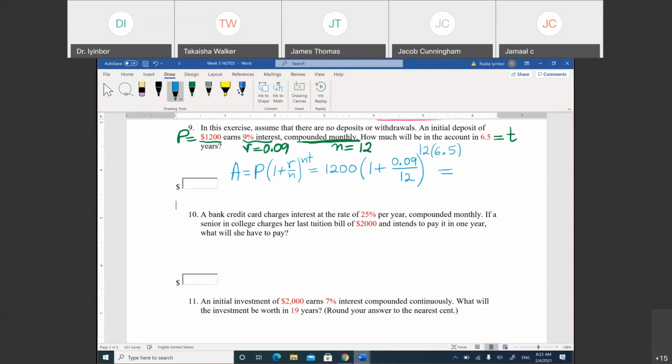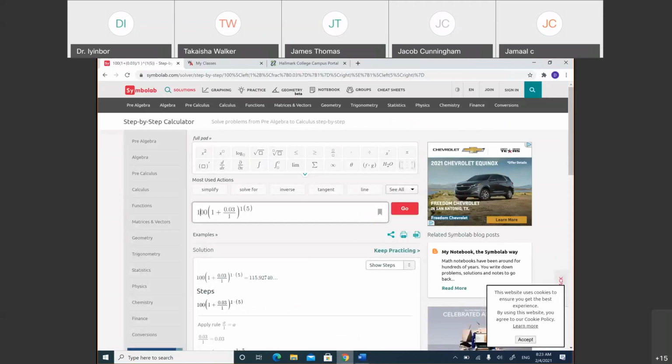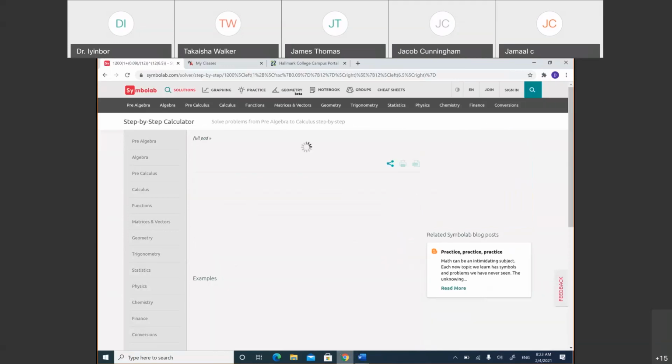And we have to use the calculator, plug it in exactly like that to get the answer. So here we have 1,200 and the percent was 0.09. This is 12, and then this is 9. And outside is 12 months and 6.5 years, right? So plug it in exactly the way it is.